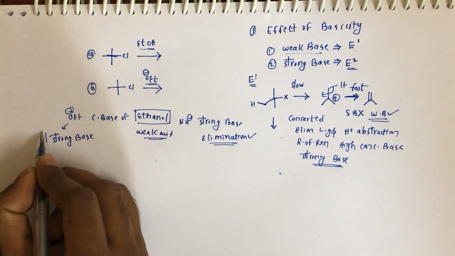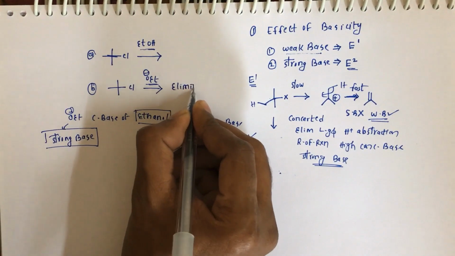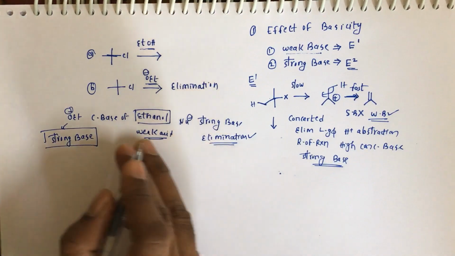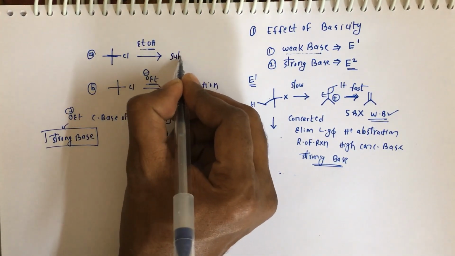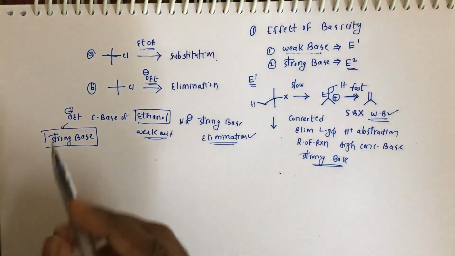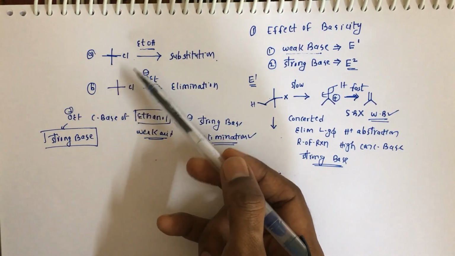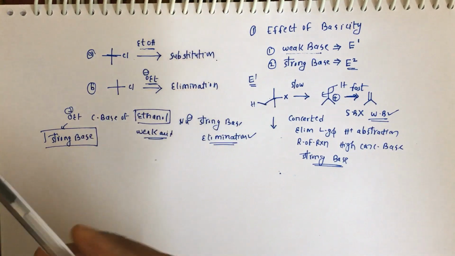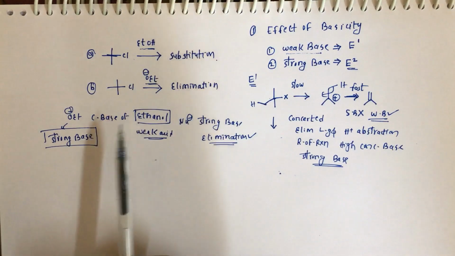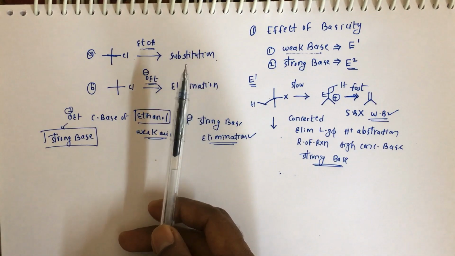Since ethoxide is a strong base, here the elimination reaction is favorable, and since ethanol is not a strong base, here substitution will be favorable. So ethoxide is a strong base because it is the conjugate base of ethanol, and since it is a strong base, elimination is favorable, whereas in the case of ethanol, substitution is favorable.